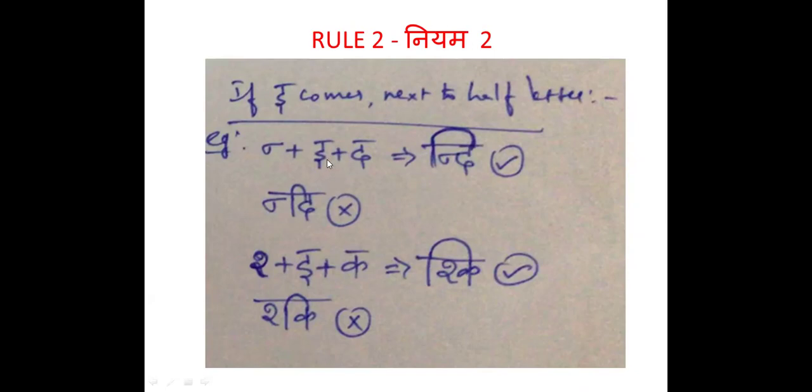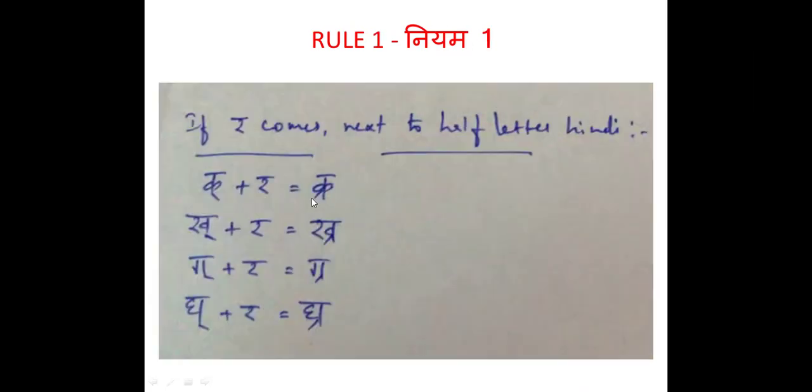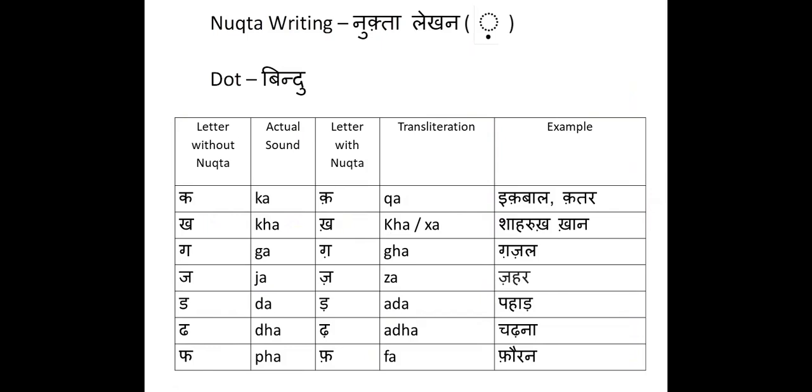The shortcut of E is this format, but you have to write this only if E comes next to a half letter. This is the shortcut format of R. You have to write it like this only if Ra comes next to a half letter. Understand? These are some of the rules you have to follow when you write Hindi letters and Hindi words.